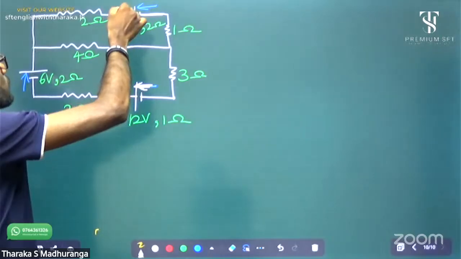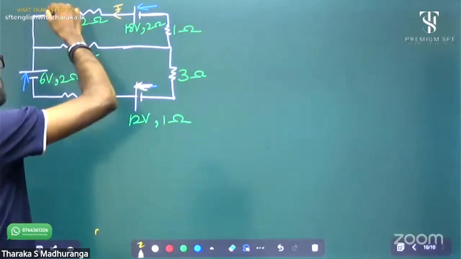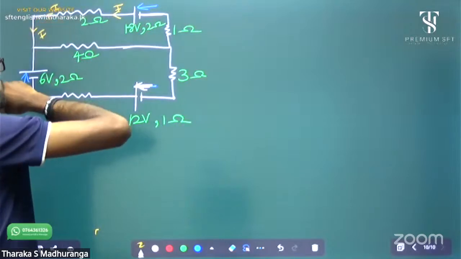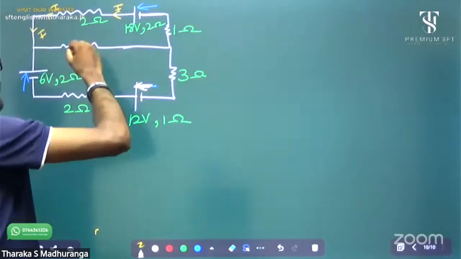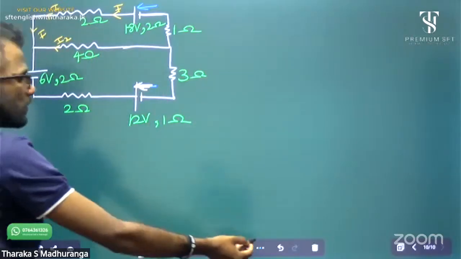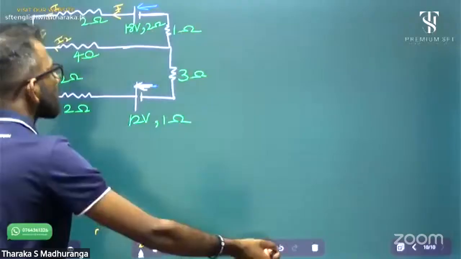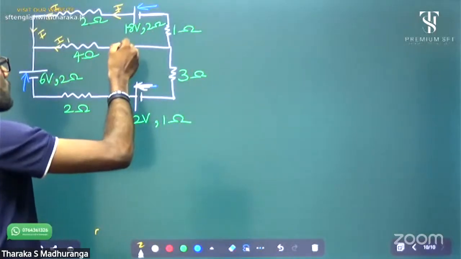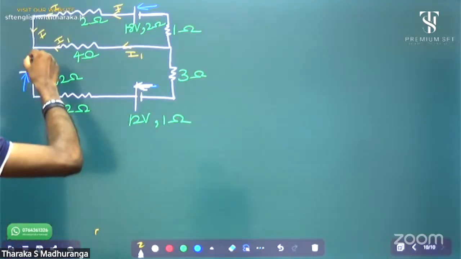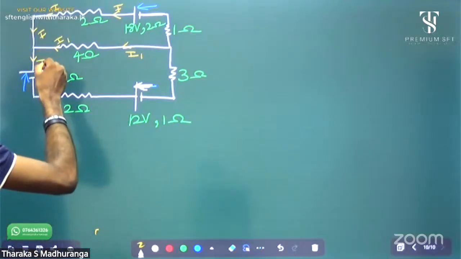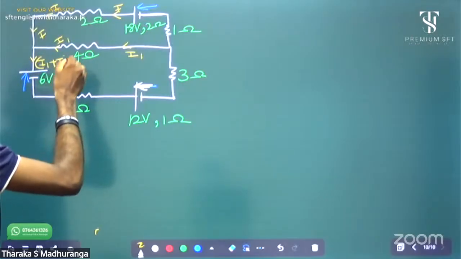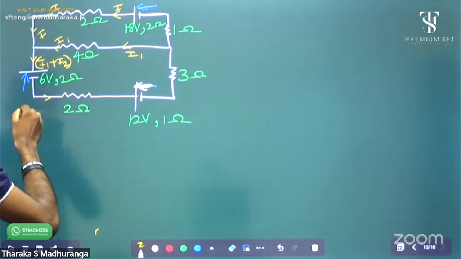Current starting from this path, I. I2 coming from this direction, I2, or I1. I1 plus I2 flowing through this path.